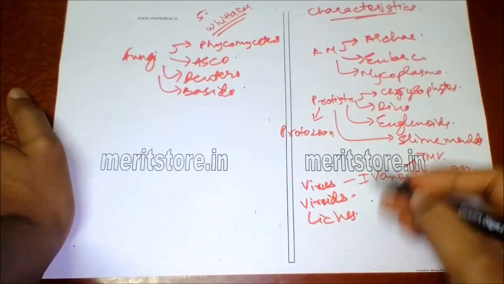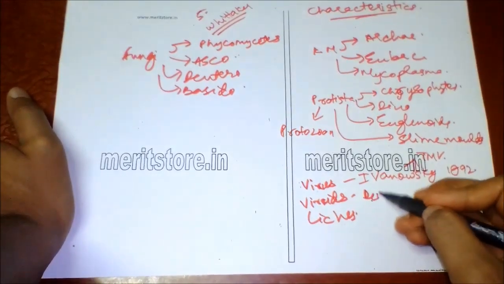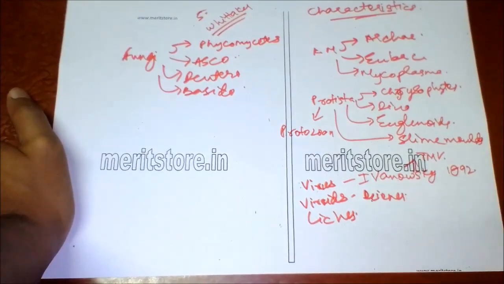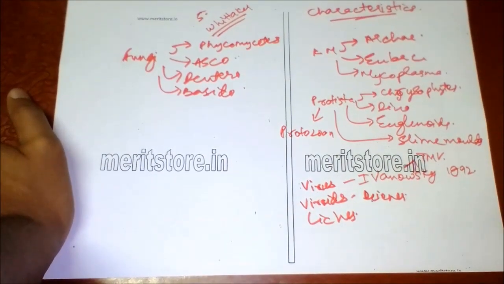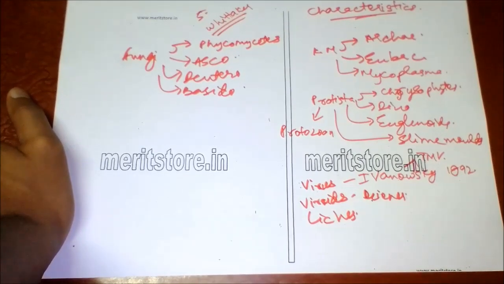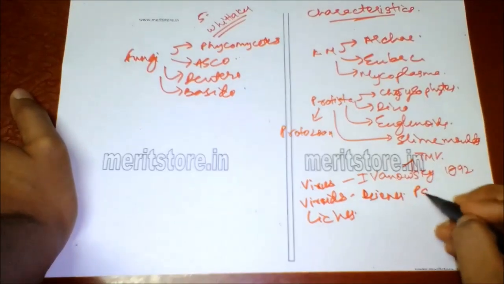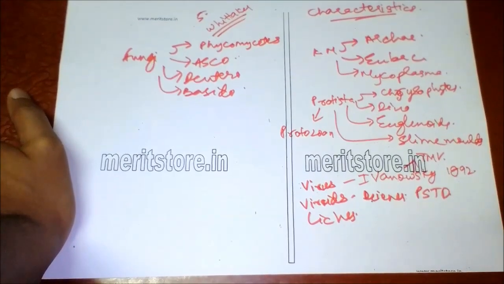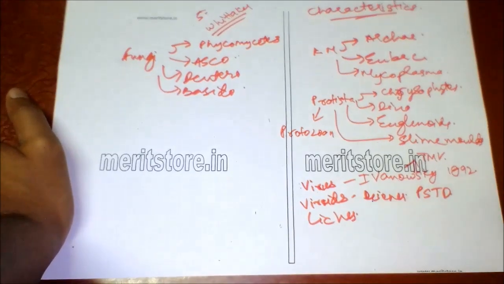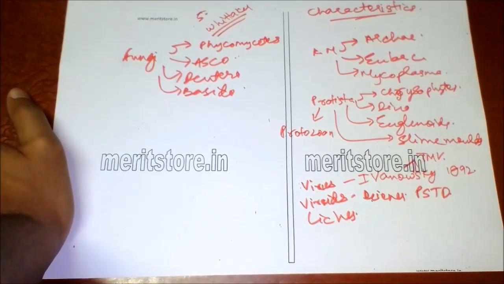Then viroids, you have to remember the name of only one scientist, Diener, in 1971, who discovered an infectious agent which is virus-like, which causes potato spindle tuber disease, which is important. Potato spindle tuber disease, it was found to be free RNA.